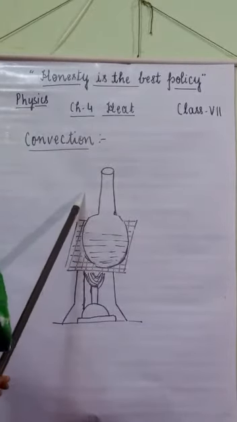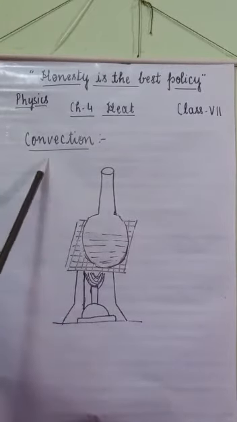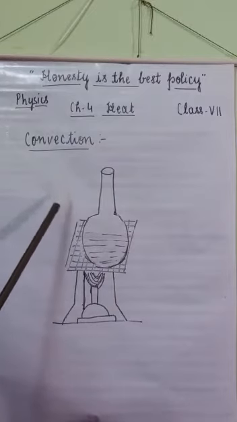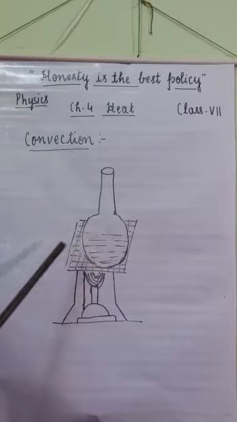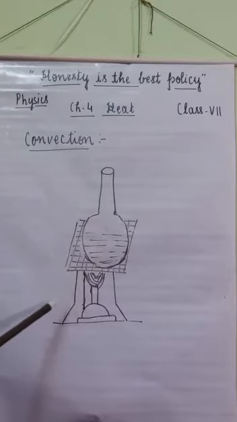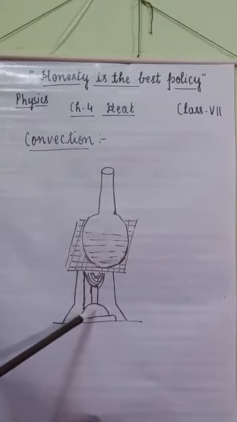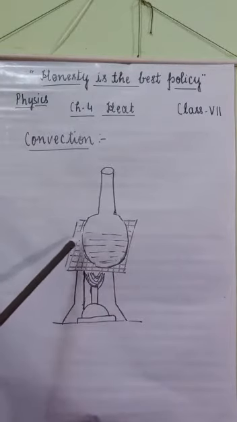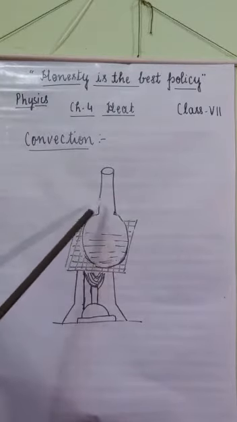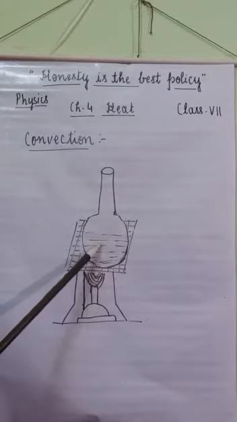To show how heat is transferred through the convection method, I have taken one round bottom flask, wire gauze, tripod stand, spirit lamp, and two-thirds of the round bottom flask is filled with water.